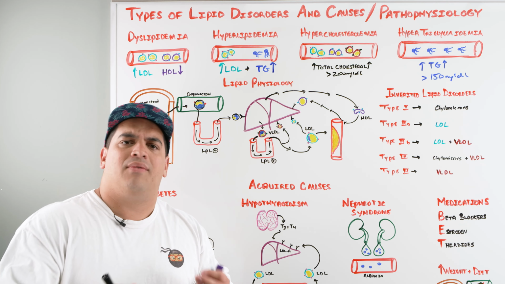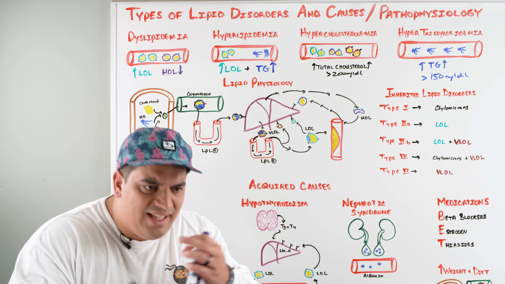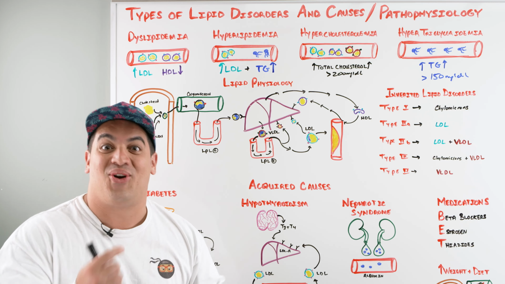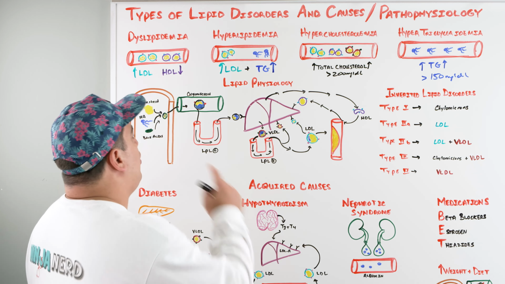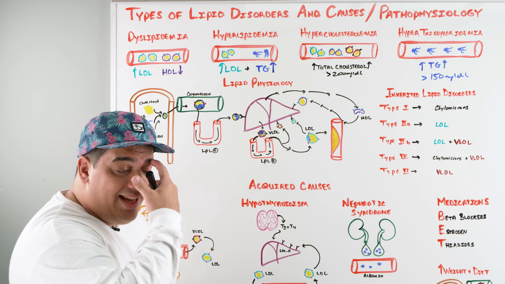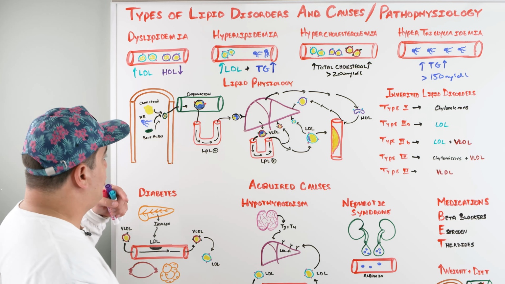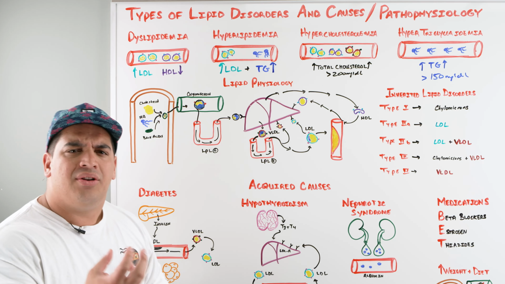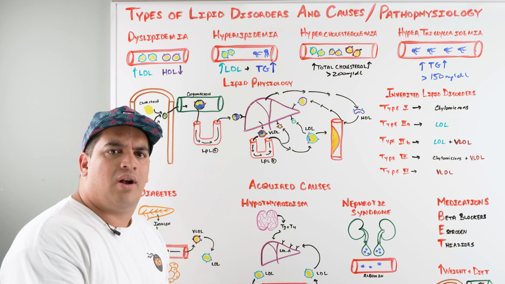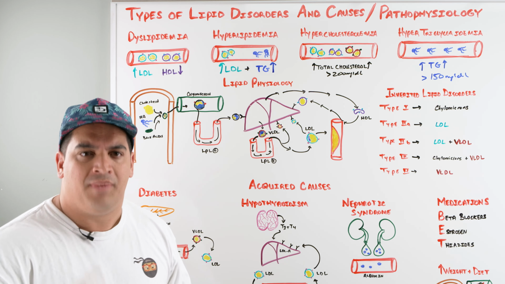lipids, because if we understand the physiology, we can easily understand the pathophysiology and the causes behind these diseases. First things first, when we're eating particular types of fatty substances that contain cholesterol and fats, how do those molecules get absorbed across the GI tract and eventually get into the bloodstream? It's a great question.